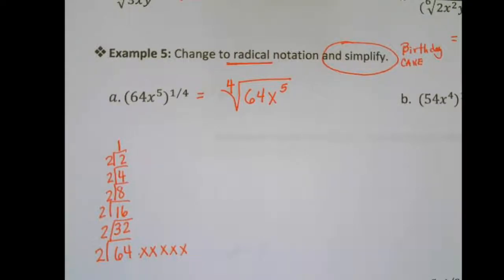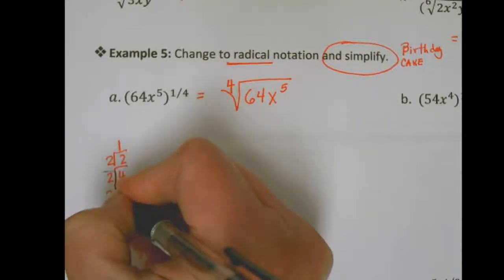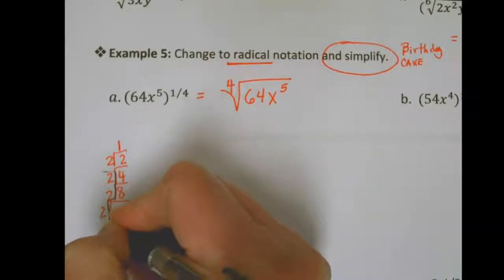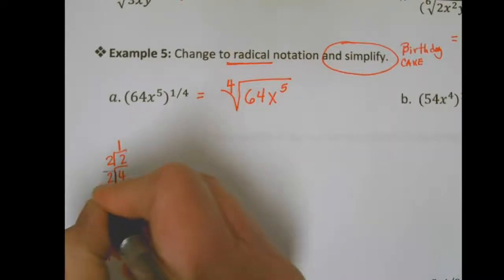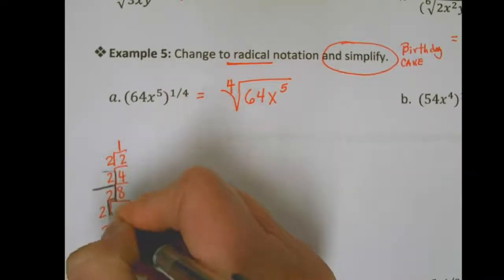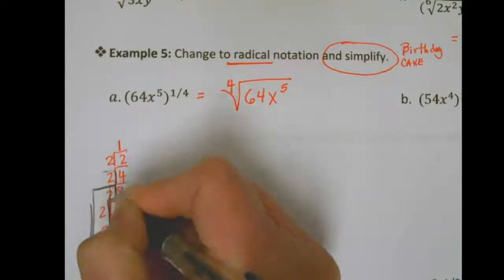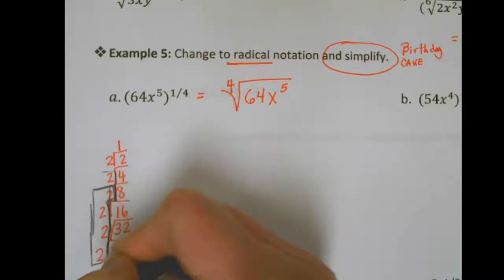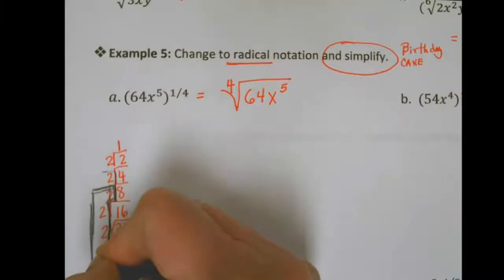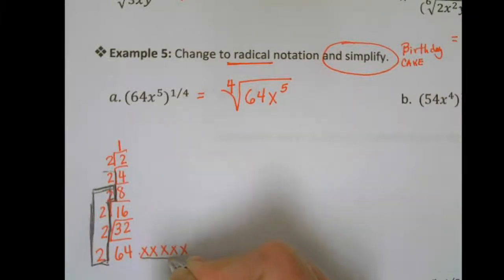Because the index is 4, I'm going to make groups of 4. 1, 2, 3, 4.